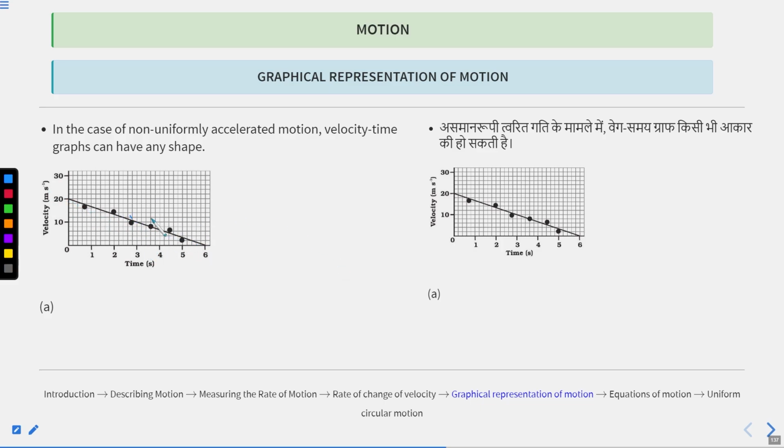It means it has a negative acceleration, because time is continuously increasing but velocity is decreasing. It means this curve has negative acceleration. And what is negative acceleration called? Negative acceleration is known as retardation.